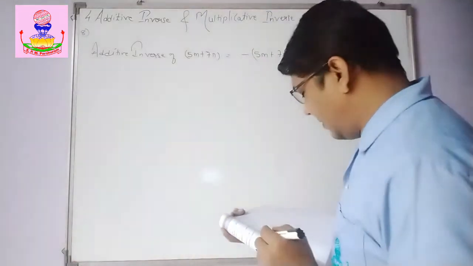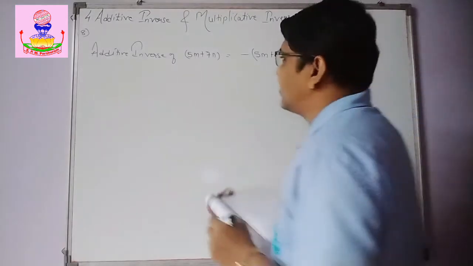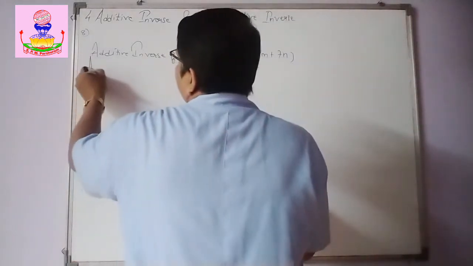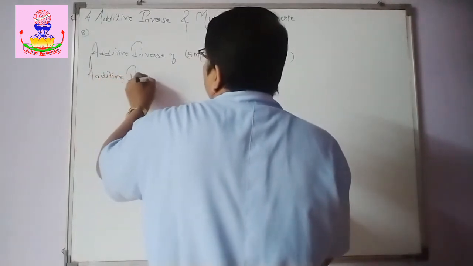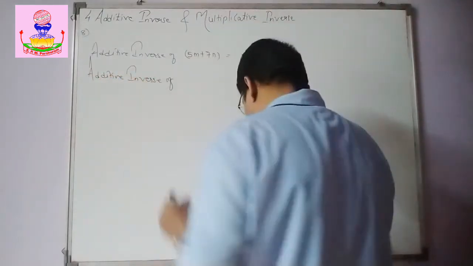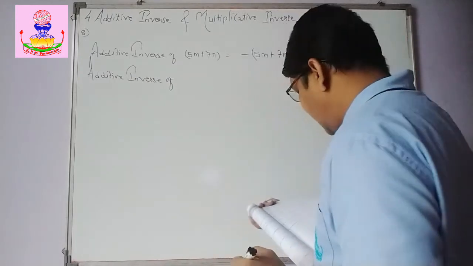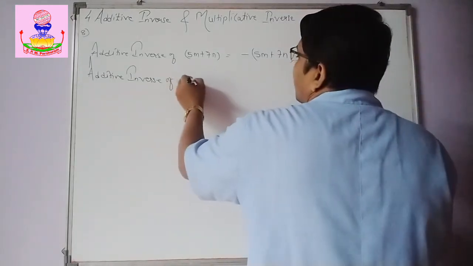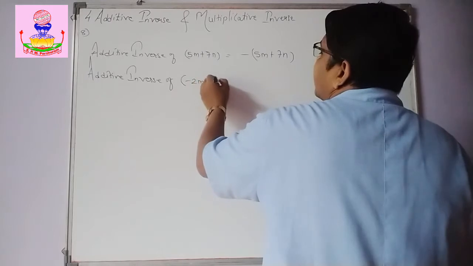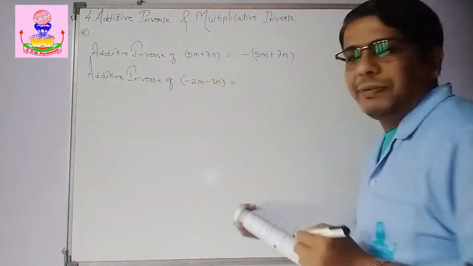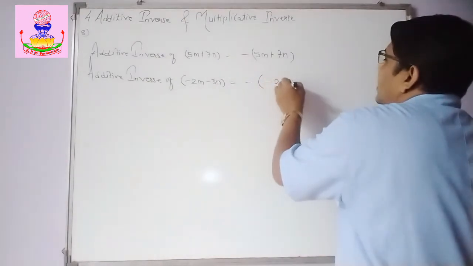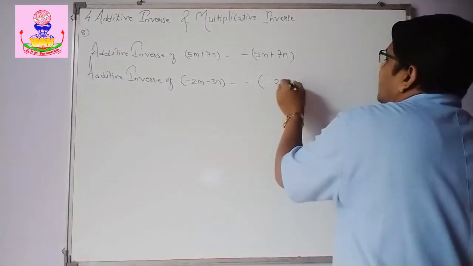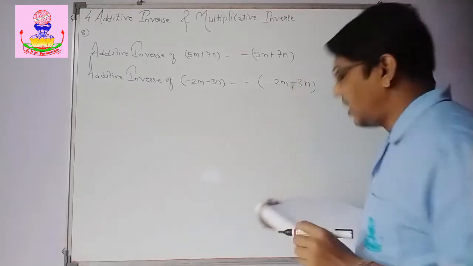In bracket. Okay. Then you have to find the additive inverse of minus 2m minus 3n. So definitely it is minus in bracket (minus 2m minus 3n).